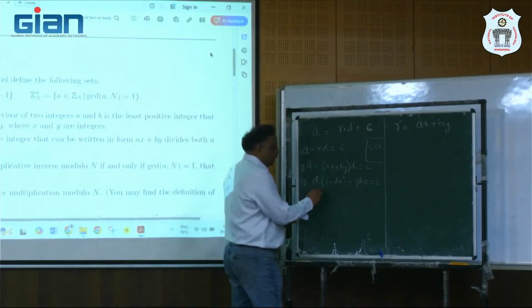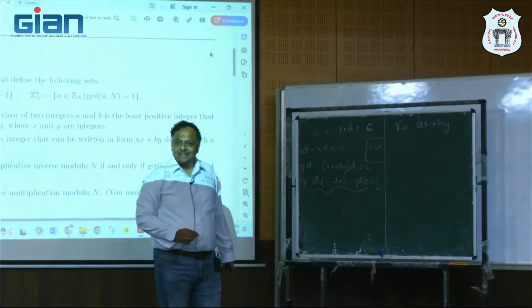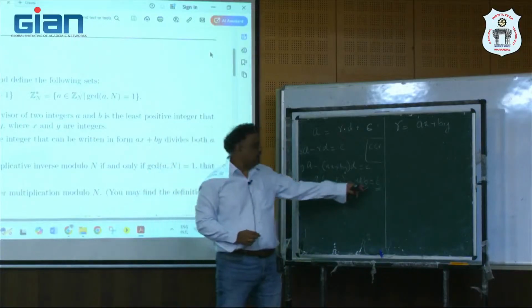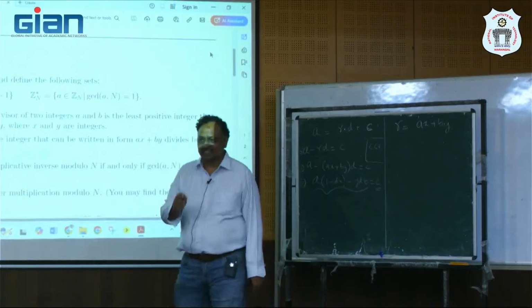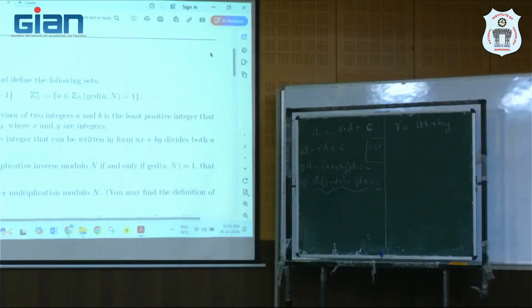What happened? Now you have written another number in that form, but it is smaller than R. Contradiction, agreed. You have written another number in the same form, ax plus by, but it is strictly smaller than R, because remainder is always strictly smaller than R. That is a contradiction, correct.